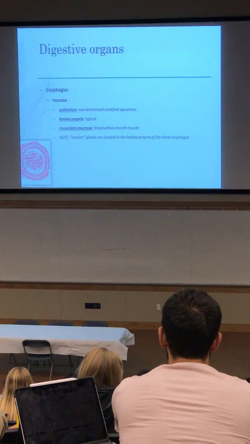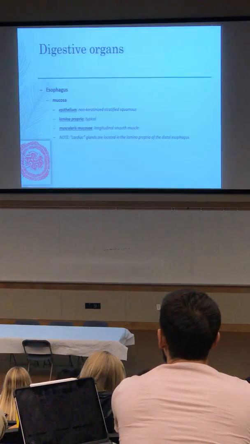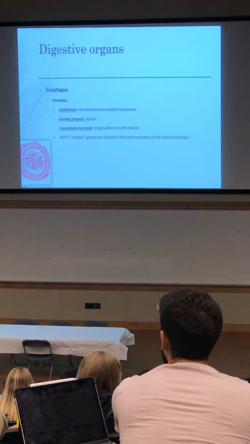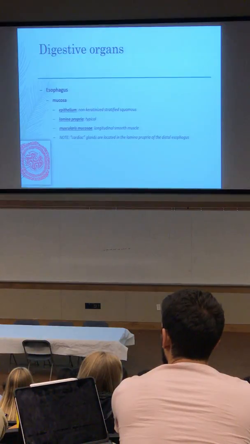Now, toward the distal end of the esophagus, there is a group of glands that are called "cardiac" glands that are found in the lamina propria. I put cardiac in quotes because what does the word cardiac mean? It refers to the heart. And there's nothing in the esophagus that's related to the heart whatsoever.